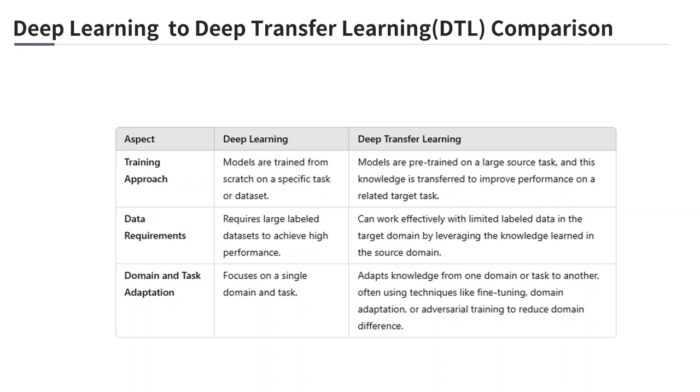And domain and task adaptation focuses on a single domain in deep learning, while in deep transfer learning, it adapts the knowledge from one domain or task to another and often uses techniques like fine-tuning or domain adaptation to reduce the domain difference.